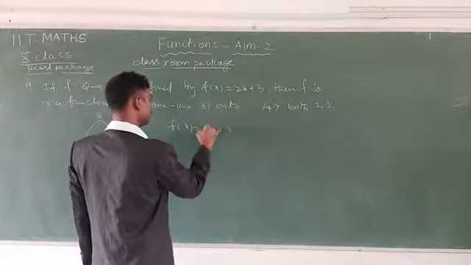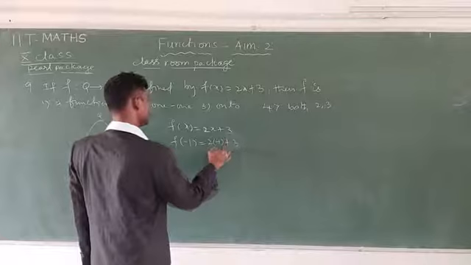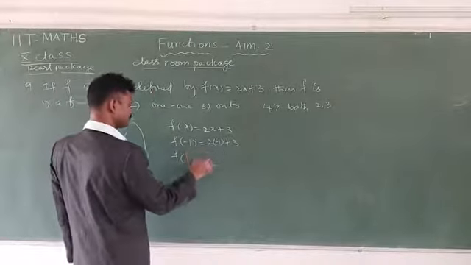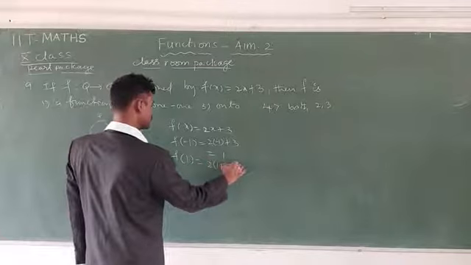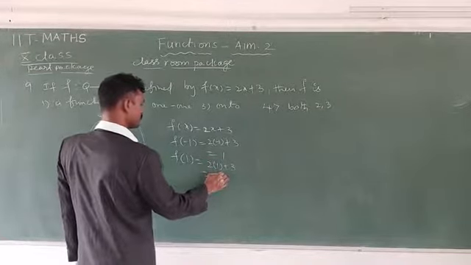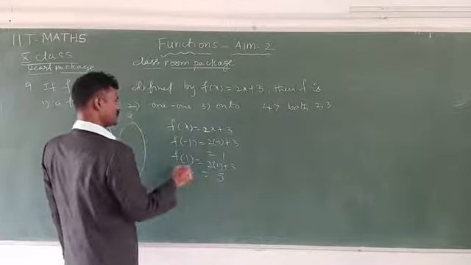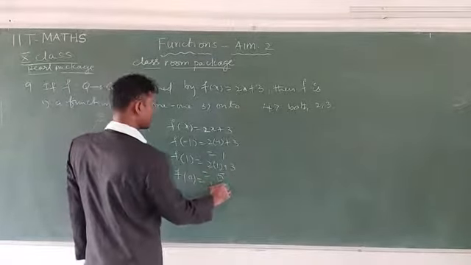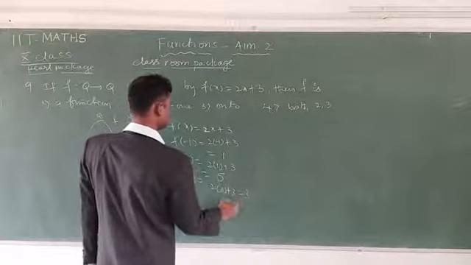Now we have to check. F of minus 1 is 2 into minus 1 plus 3, equal to 1, and f of 1 is 2 into 1 plus 3, 2 plus 3, 5, and f of 0 is 2 into 0 plus 3, equal to 3.